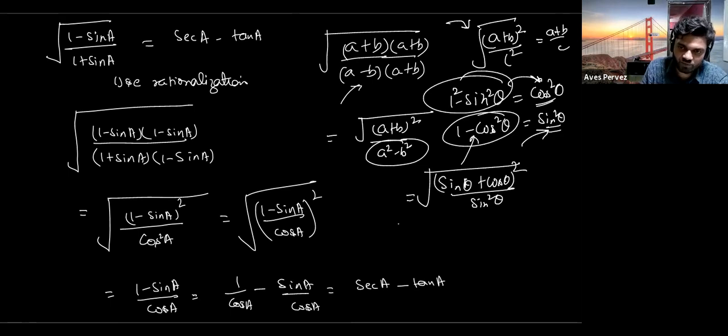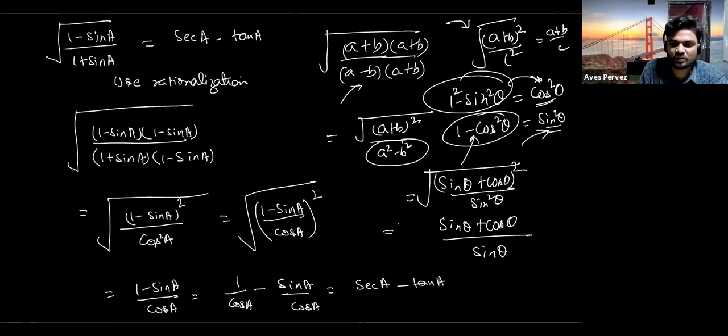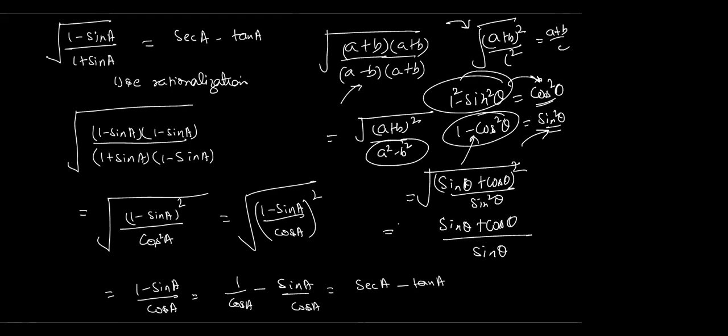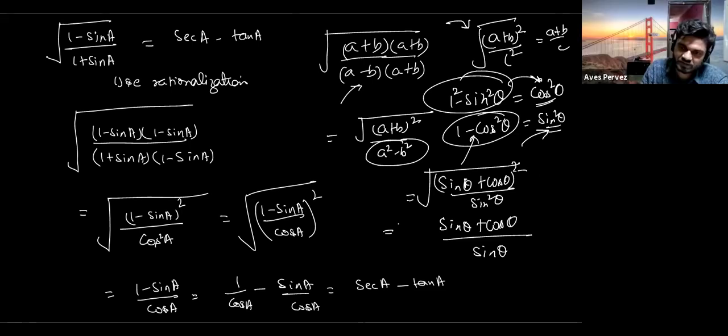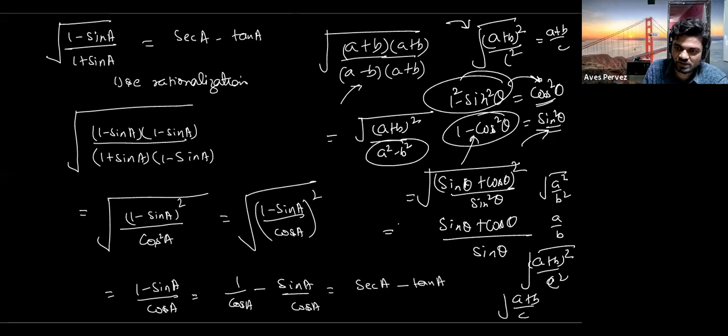This will become sin theta plus cos theta upon sin theta. So actually you can write this one as a whole square. If something is written like a square upon b square, you can write here a upon b. If something is written a plus b whole square upon c square, you can write here a plus b upon c. It will remove from the under root and become a plus b upon c.